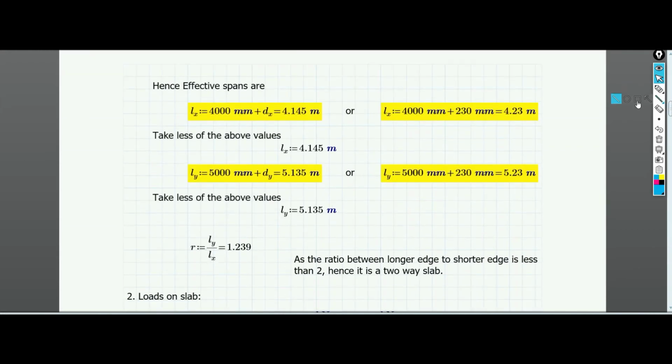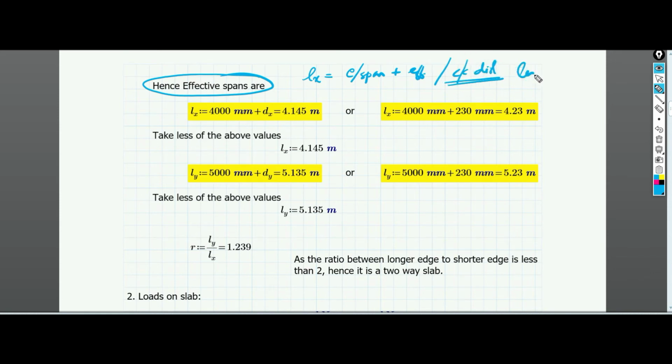Now let's find out the effective span. You can look for it in the code that you have. I think you remember that the effective span is taken as the clear span plus effective depth, or center to center distance, whichever is less.